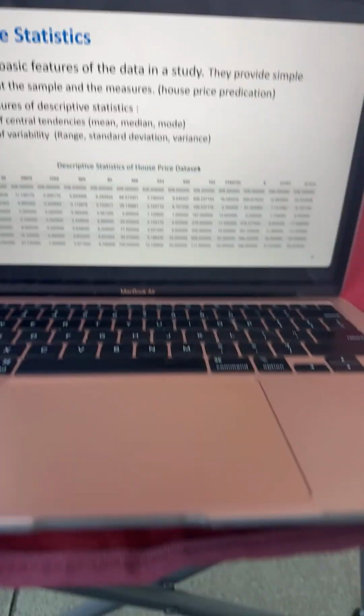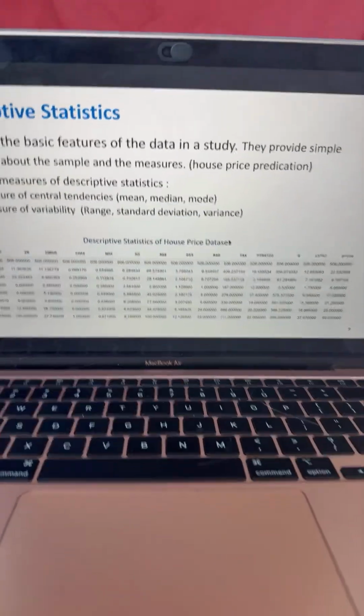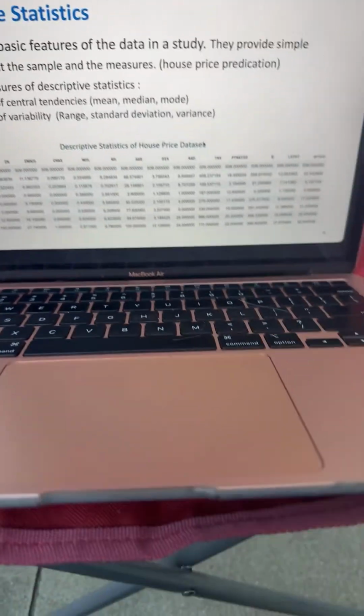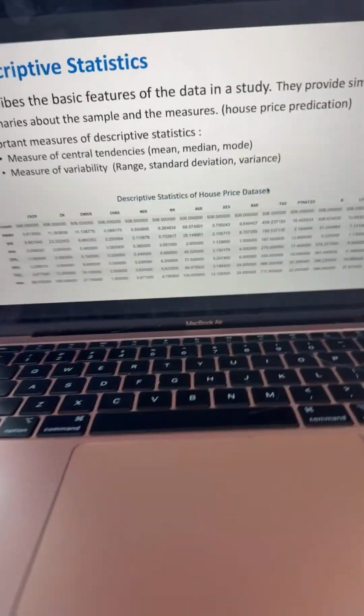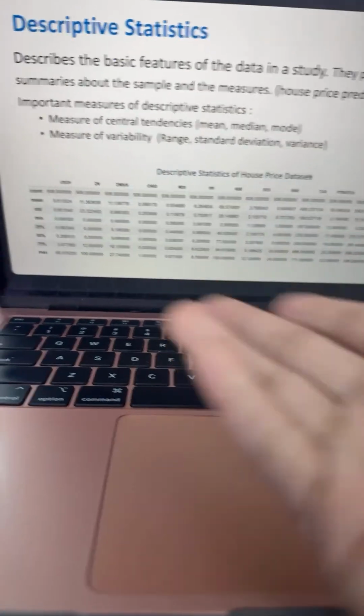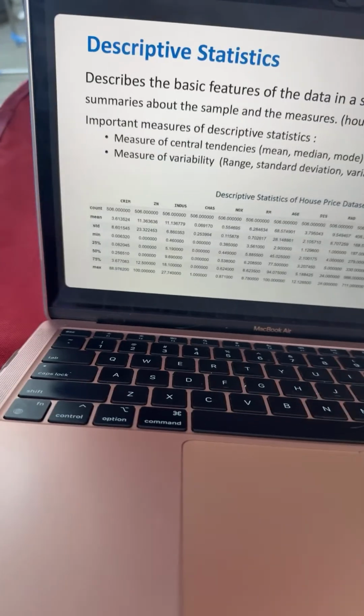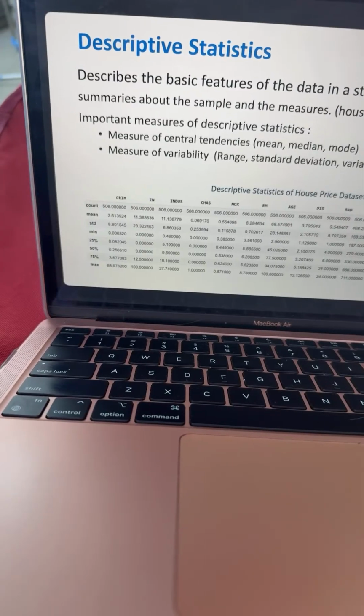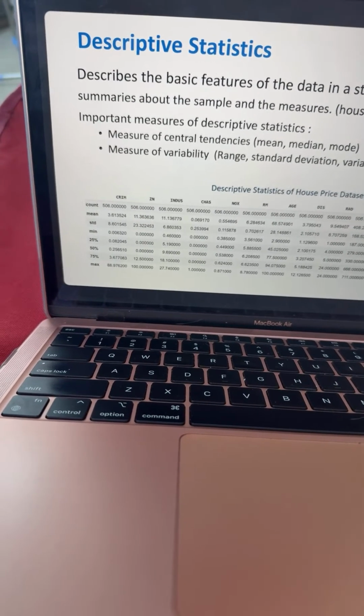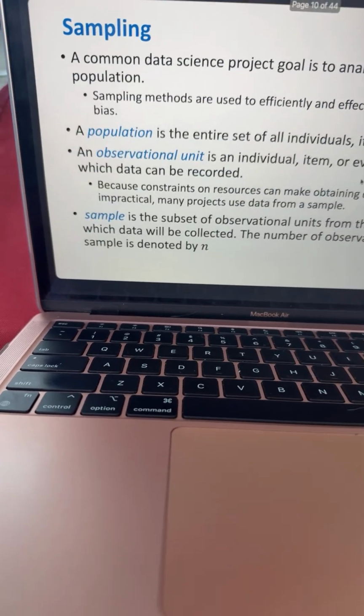Important measures of descriptive statistics: measures of central tendencies, mean, median, and mode; measures of variability, range, standard deviation, and variance. So this is all the house prices, I assume. We have the count, we have the mean, the standard deviation, the minimum, the 25, 50, and 75 percentile, and then the maximum.